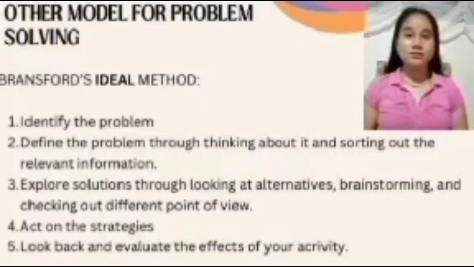This involves recognizing that there is an issue or challenge that needs to be addressed. It's important to clearly define the problem by thinking about it and sorting out the relevant information. This step sets the foundation for the rest of the problem-solving process.